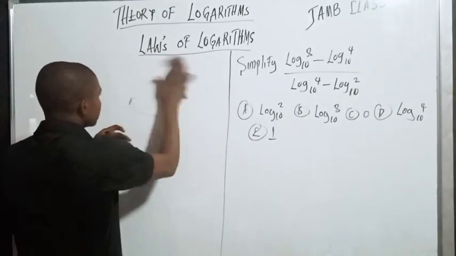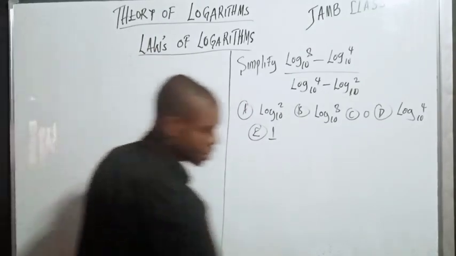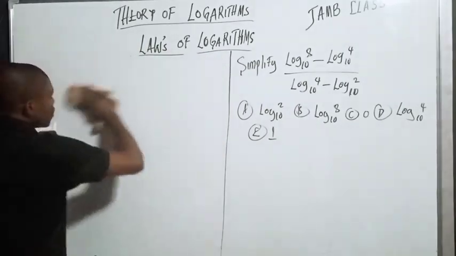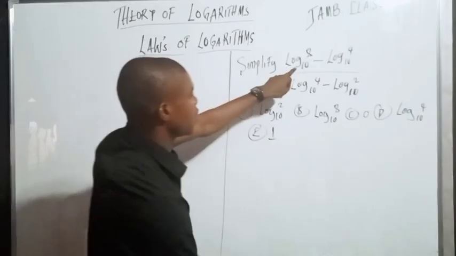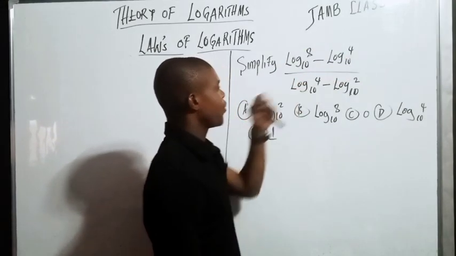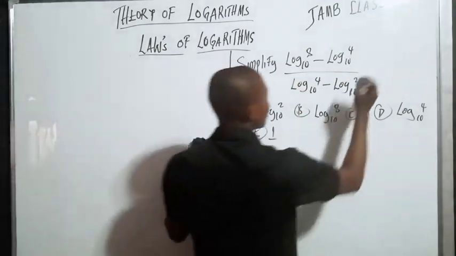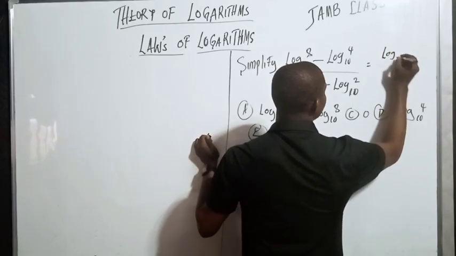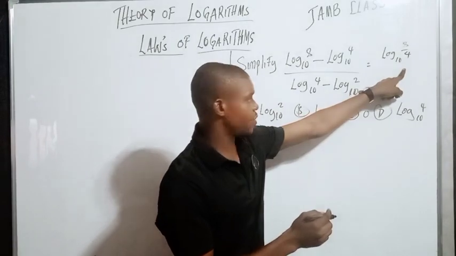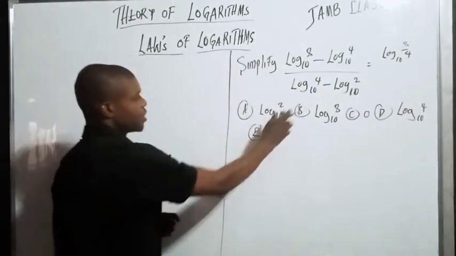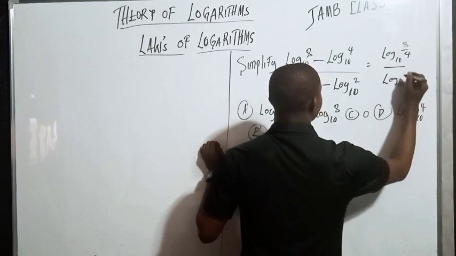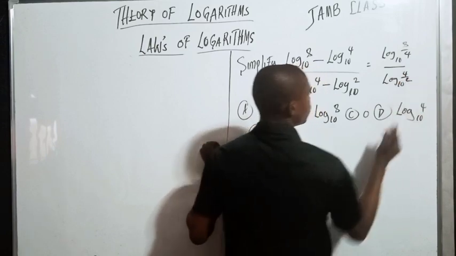So it means that log base 10 of 8 minus log base 10 of 4 is the same thing as log base 10 of 8 over 4. Just the same thing if you check it very well. Here we also have log base 10 of 4 over 2.